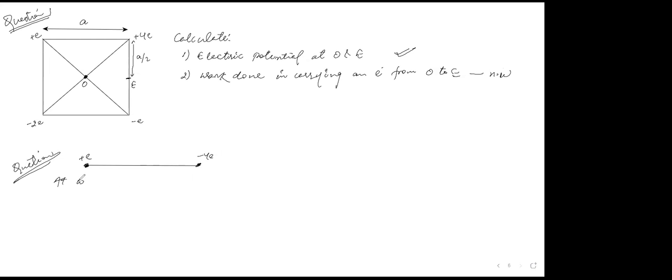At what points on the line joining the charges is the electric potential 0? This is for homework. Note down all of the questions, then we will go to the solution.